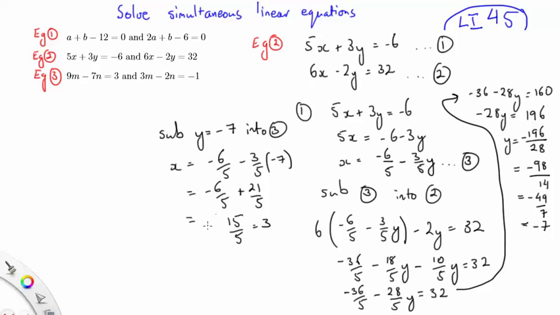So this time I'm going to write my answer as a coordinate. So the coordinate of intersection is 3, comma, -7. There's your answer.